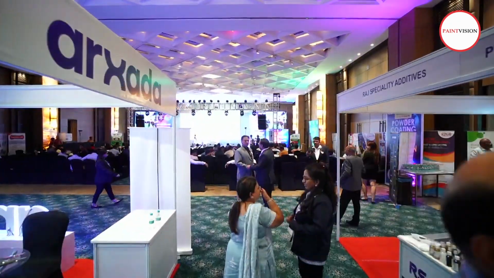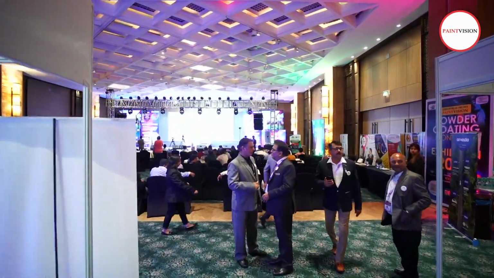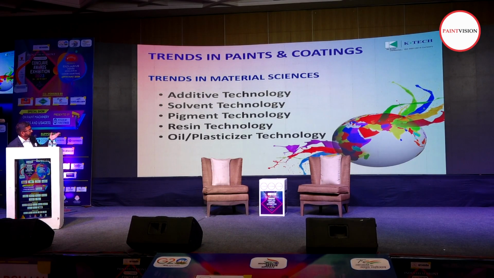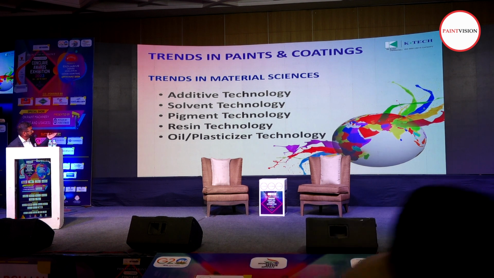Main 5 technologies are there basically in any paints and coating systems or any printing ink system, any colorant technology. The primary technologies are additive, solvent, pigment, resin, oils, or maybe plasticizers.